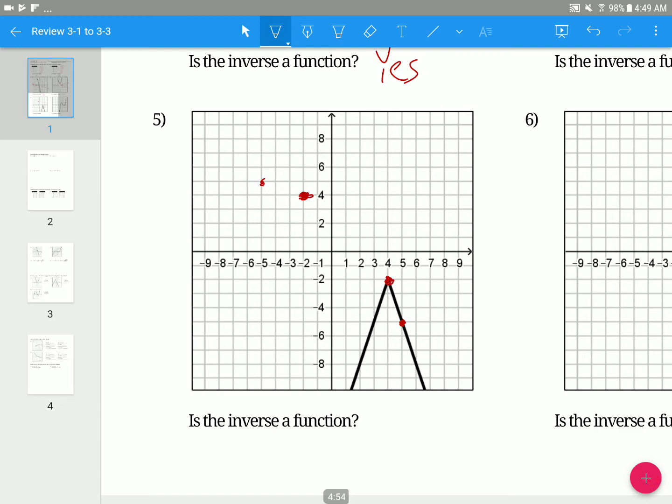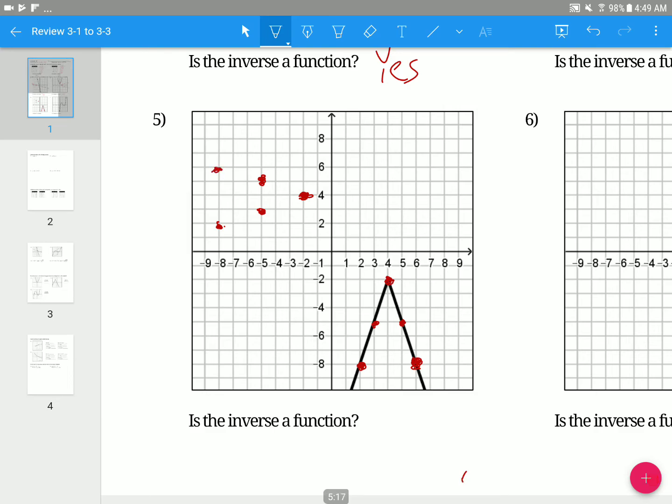-5, 5 right there. I got 3, -5. So -5, 3. And let's see if I can find another one. Ooh, 6, -8 and 2, -8. So those are both -8s, but I got 2 and 6. So -8, 2, and 6.